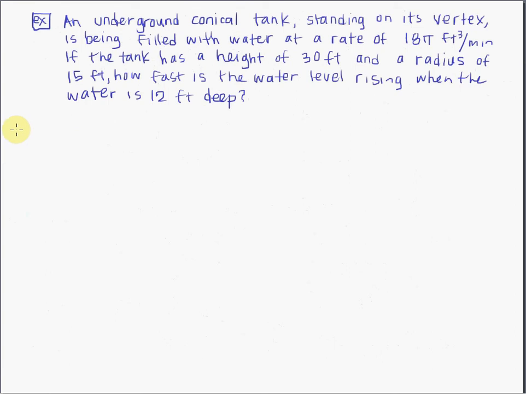So we know that at any point, height is equal to 2r. Anywhere where the height is, the radius will be twice as large.